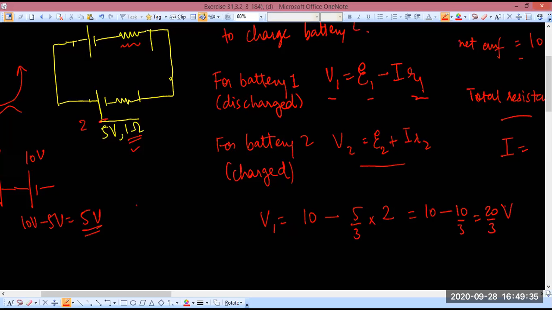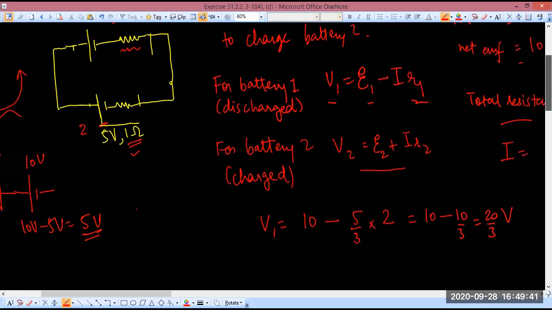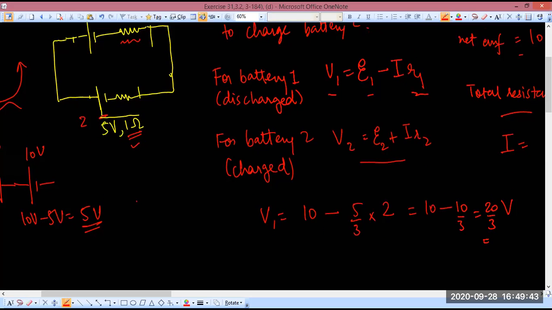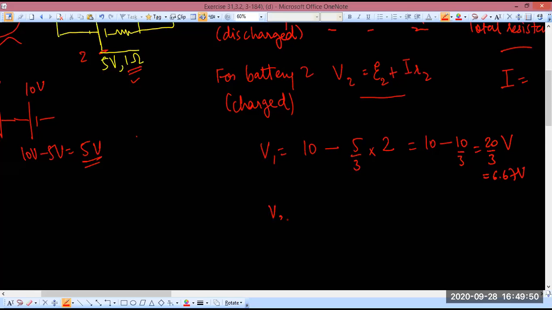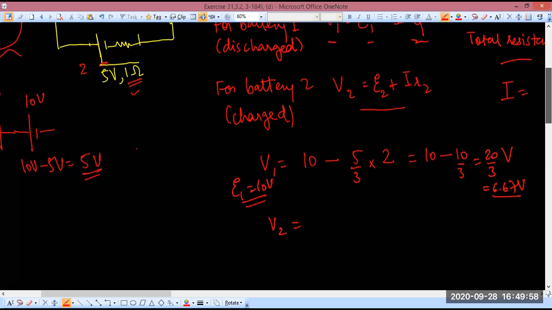Okay, so that's the terminal voltage for the first battery. You can clearly see it's about 6.67 volt. Now it's of course less than the EMF. Its EMF was 10 volt, but its terminal voltage is less. That is because it is discharged.